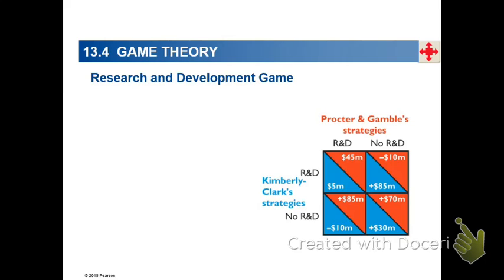Okay, there is also a research and development game between Procter & Gamble and Kimberly-Clark. You can see the same idea being there, right? So let's imagine Kimberly-Clark does R&D. It's obvious that Procter & Gamble will also do R&D. And if Procter & Gamble does R&D, Kimberly-Clark is also doing R&D.